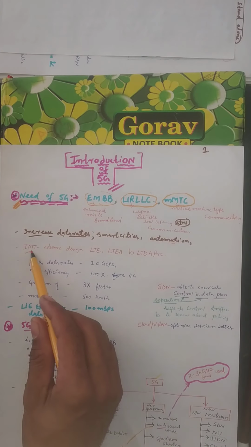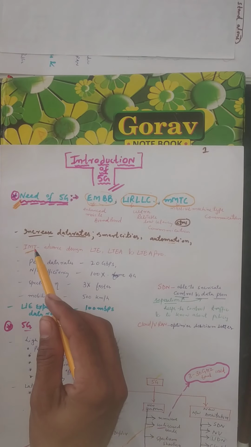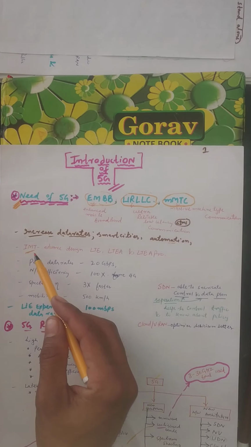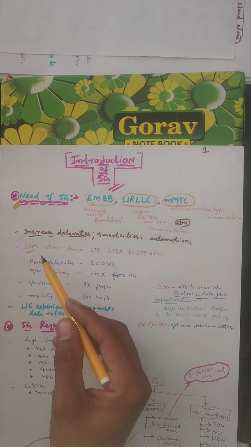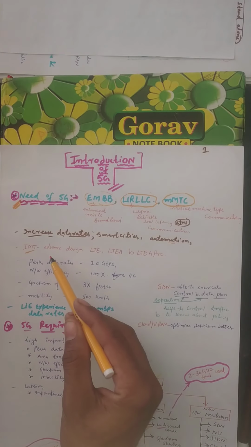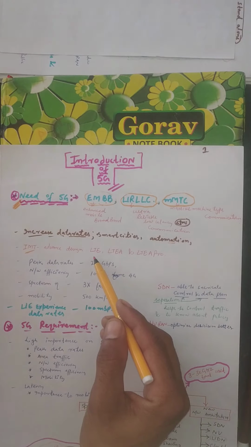Next one is the IMT. IMT means International Mobile Telecommunication. This is the International Mobile Telecommunication Union that designs the standards for communication. It designed the advanced design, that is LTE, long term evolution, which is currently used in the 4G communication system.